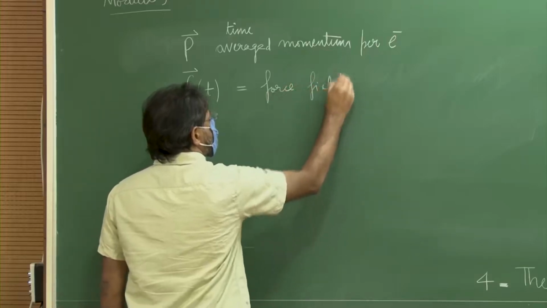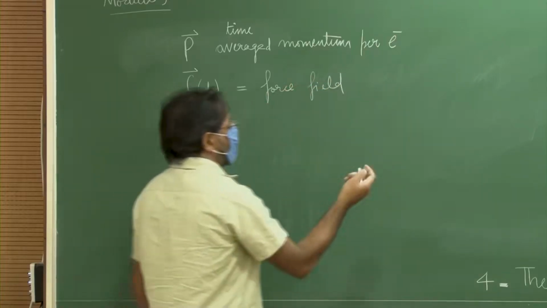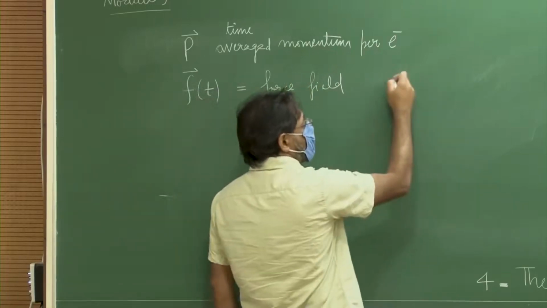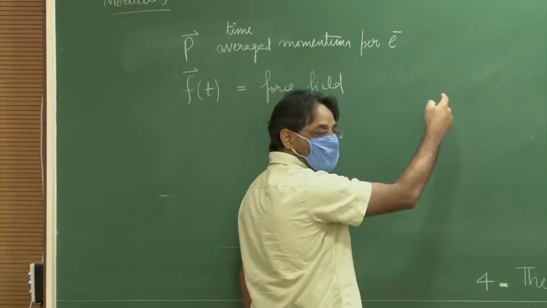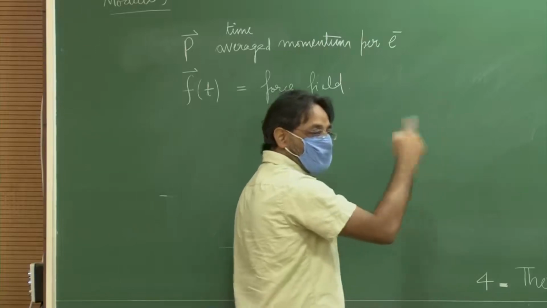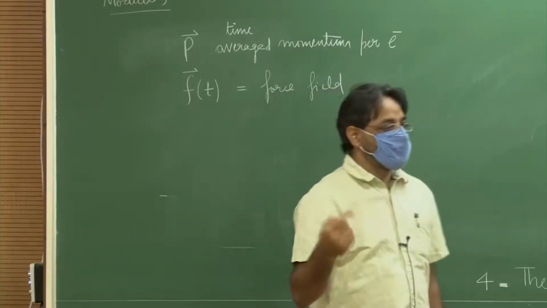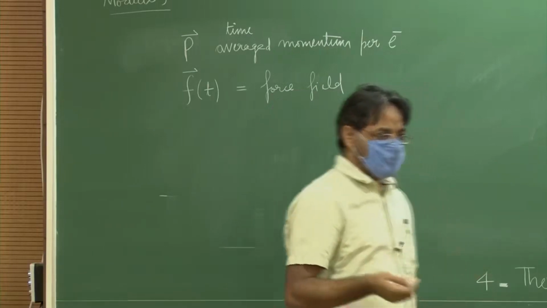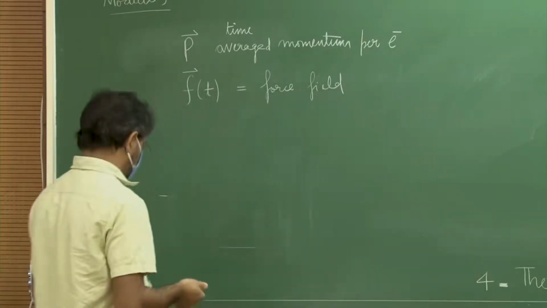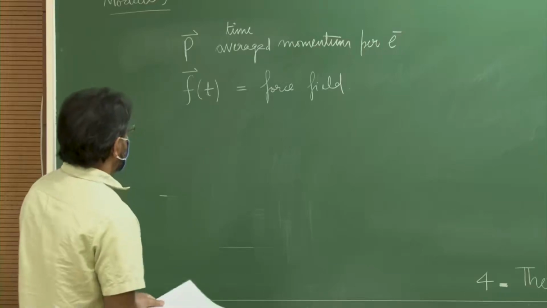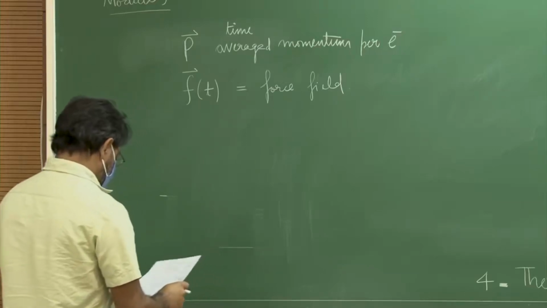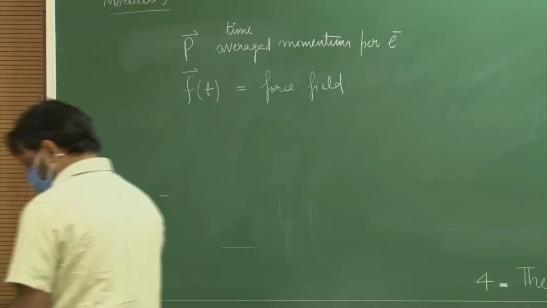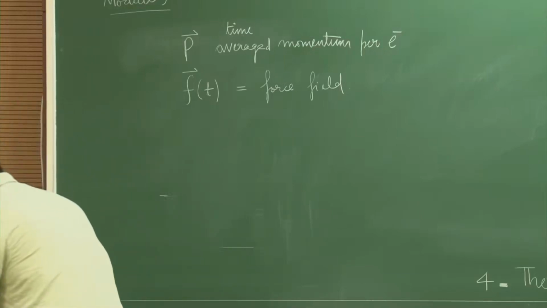In general, the structure of this force field would be the charge of electron times the electric field that you have applied, plus the charge of electron times the force due to the magnetic field, which is v cross B, right? That is all that is there in this force field. And besides this, we don't really need to know anything further to proceed with.